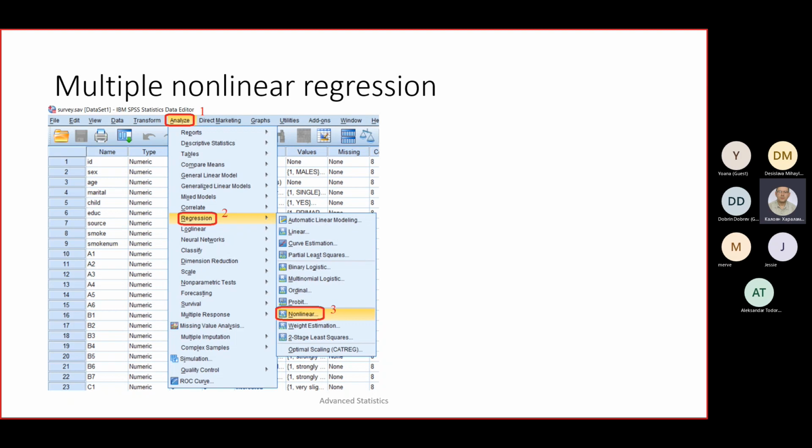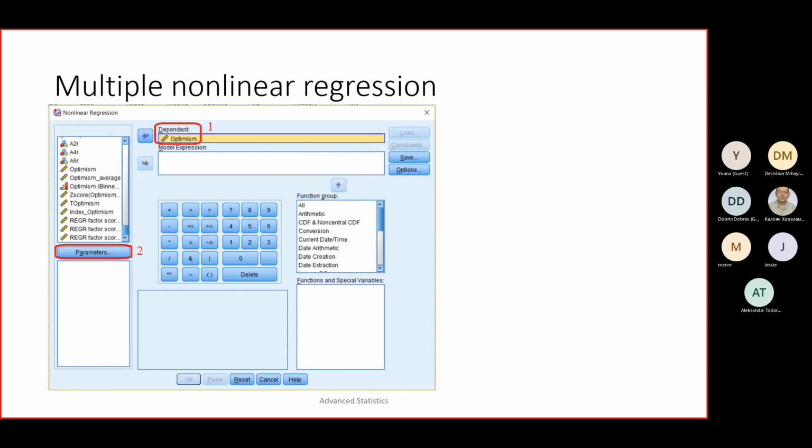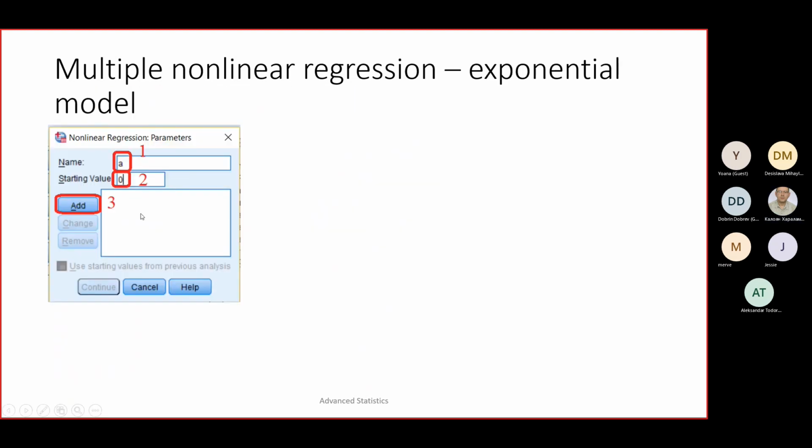In PSPP, such analysis is not possible. To perform multiple non-linear regression, first we choose dependent variable, in our case optimism. After that, we must define parameters of the model, and each parameter is defined by its name and by its starting value.